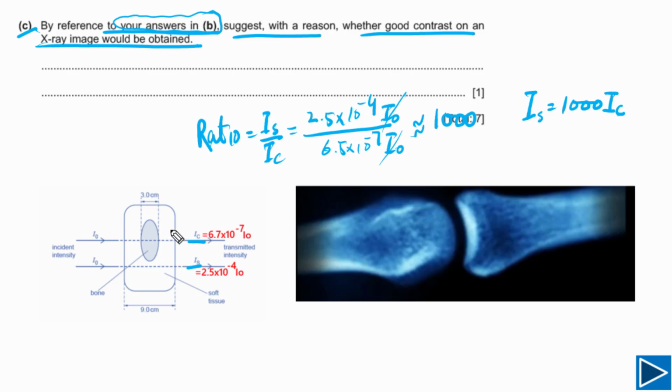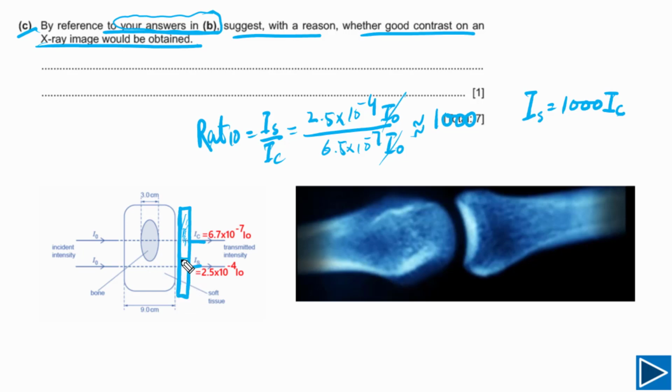Very high value of IS and very low value of IC are simply telling us that if we place a photographic film at the back of this part of the body, the part of the photographic film behind the bone will stay white because fewer photons will reach this part. But the number of X-ray photons reaching where there is no bone will be very high.